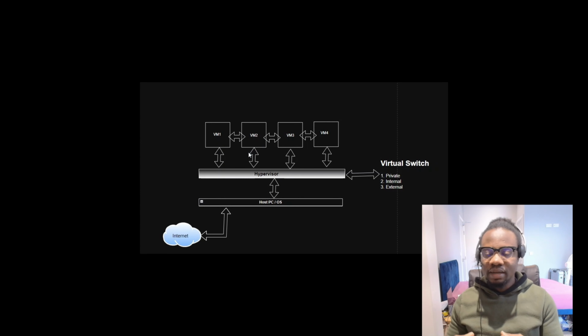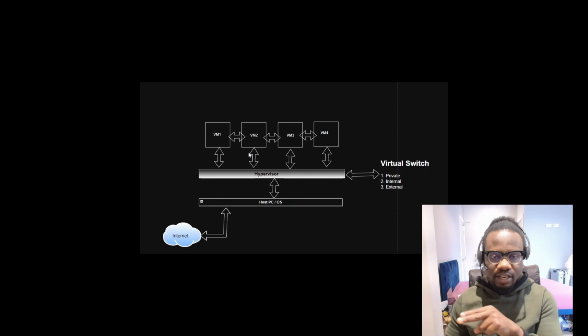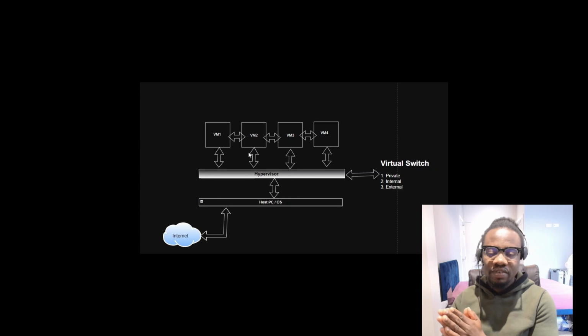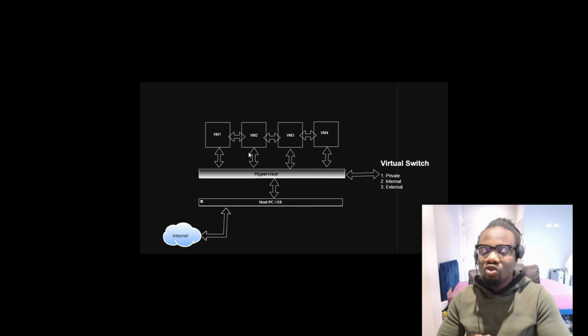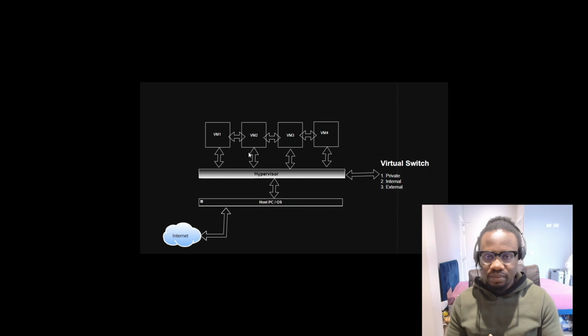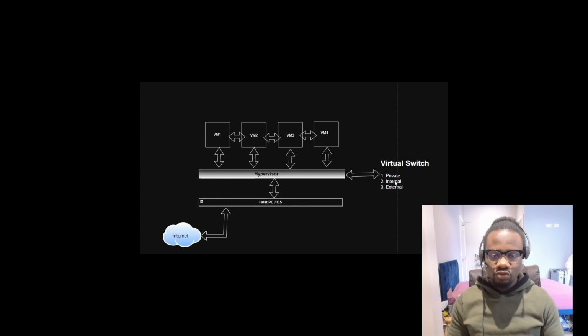You can set it up to allow communication between any of the VMs. So that's the only thing the private is set up to do. It doesn't go beyond the internal VMs. When you set up an internal virtual switch, it goes beyond the communication between the VMs to communicating with the host or the base operating system.